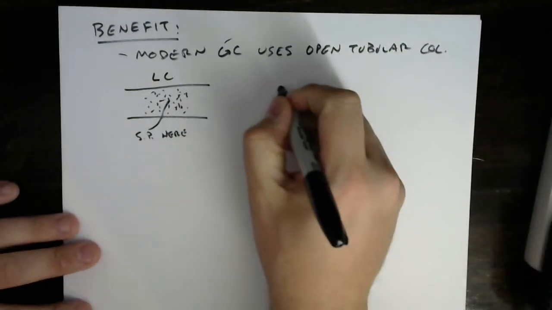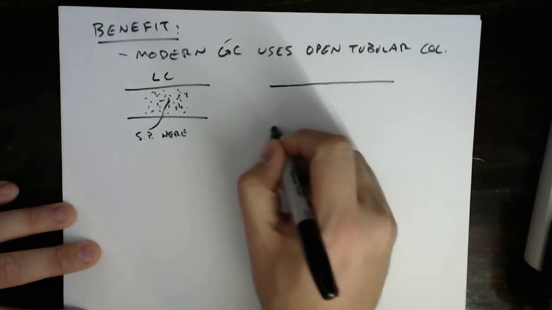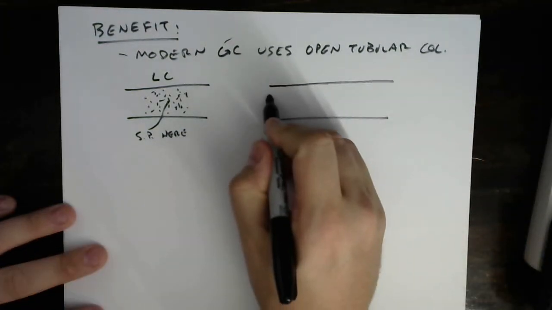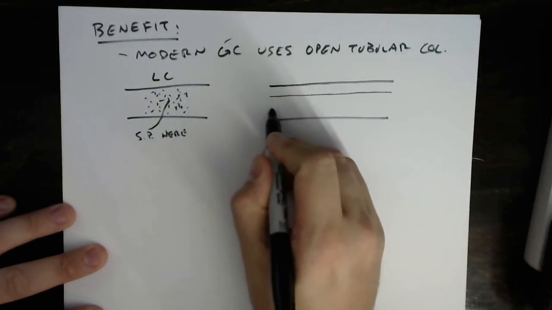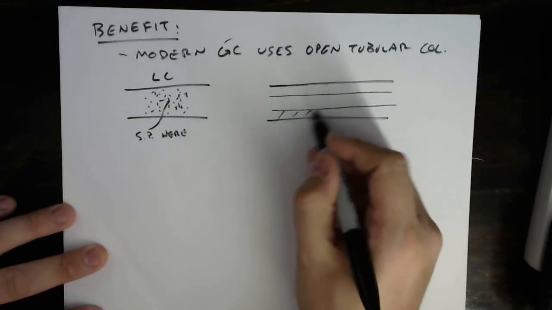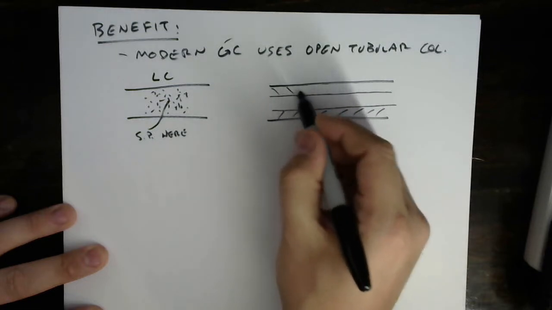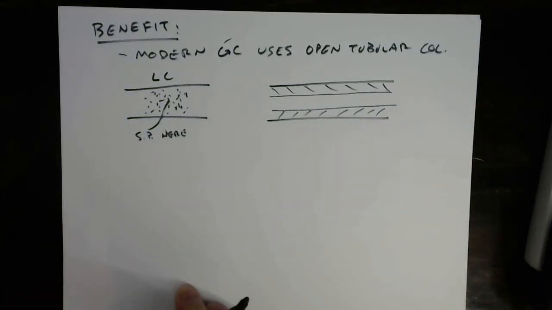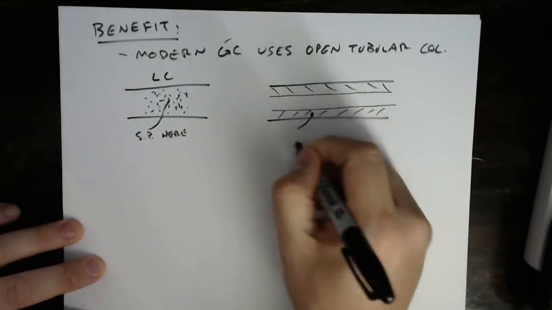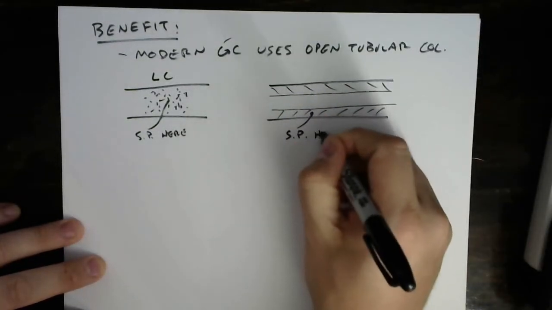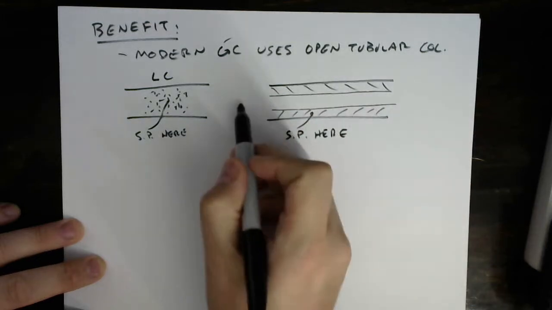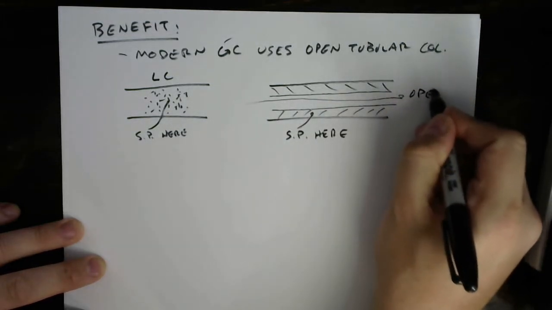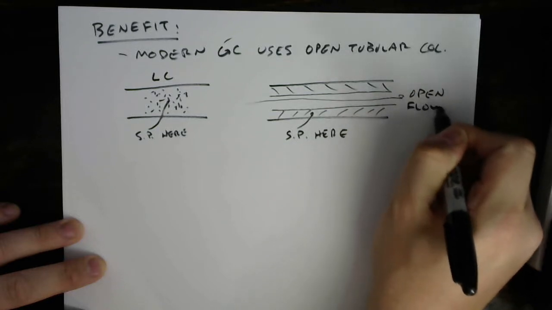In GC, we have a slightly different column geometry. We have a tube still that we're flowing down, but instead of being packed with stationary phase media, the walls are coated in it. Those dashed lines represent where the stationary phase is. And that means there is this nice open path down the middle of the column.